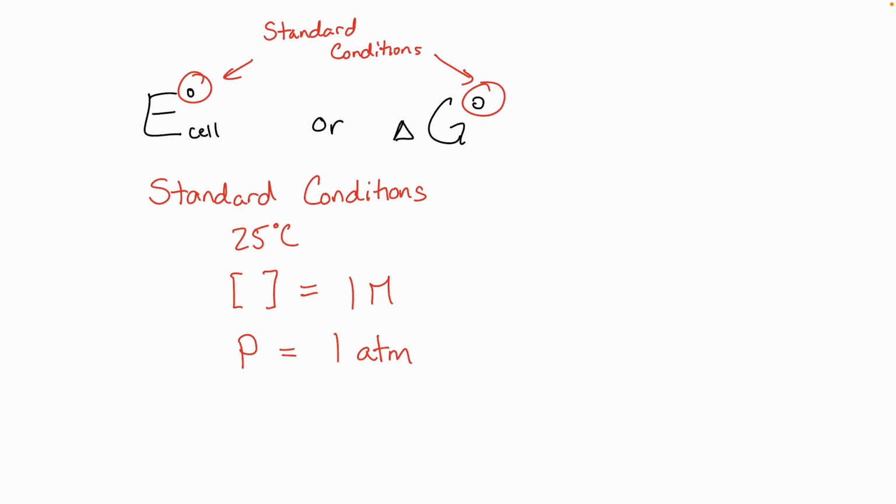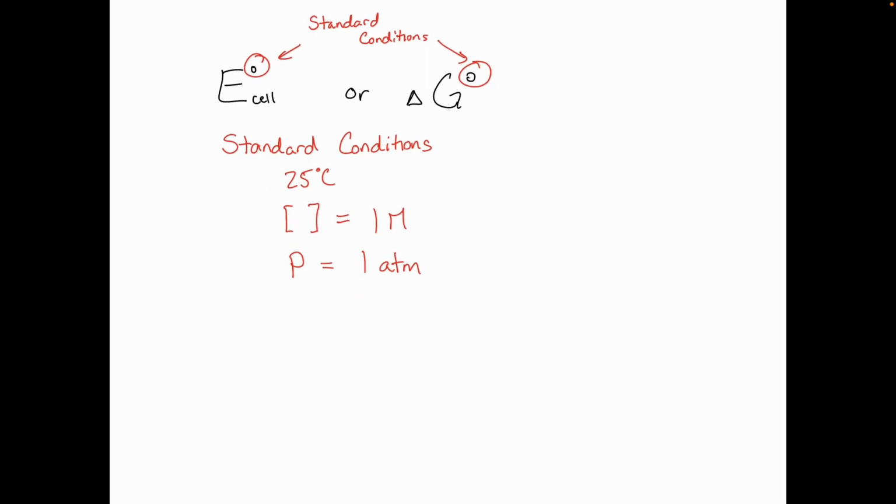So what if I want to run a battery at anything other than 1 molar solution? How am I going to figure out what the potential is? Remember that we had this equation when we were talking about free energy: the free energy, the delta G without the naught, so this is under any conditions, is equal to that standard free energy value, delta G naught, plus RT natural log of what important variable that lets us do anything outside of equilibrium?